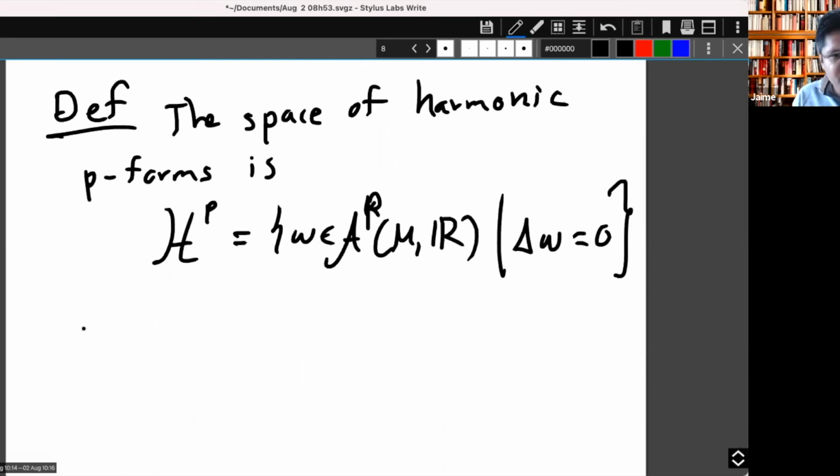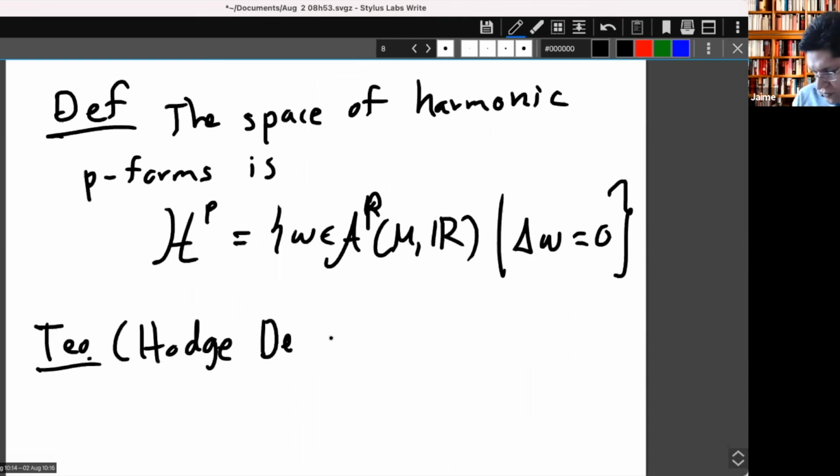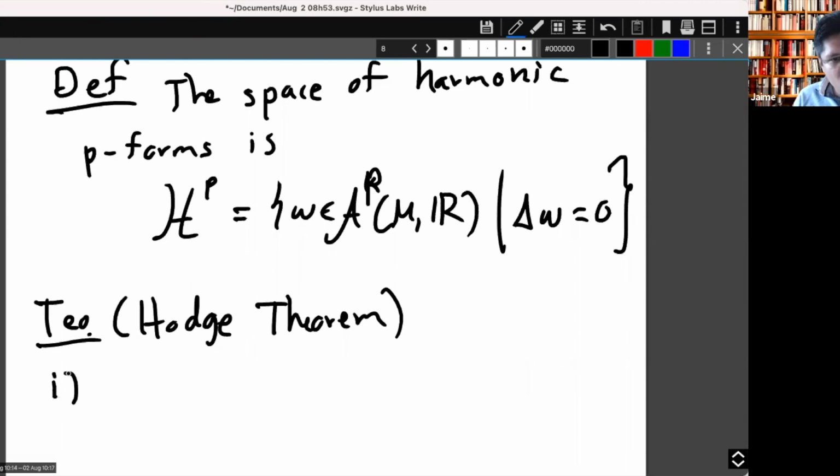Okay, so there's another theorem which is a consequence of the regularity theorem. This is the Hodge decomposition theorem. Well, let's call it just the Hodge theorem. I'm not at the decomposition yet. That says the following. One: these new spaces of harmonic p-forms are finite dimensional.